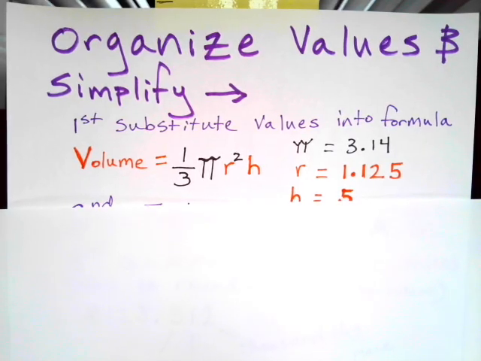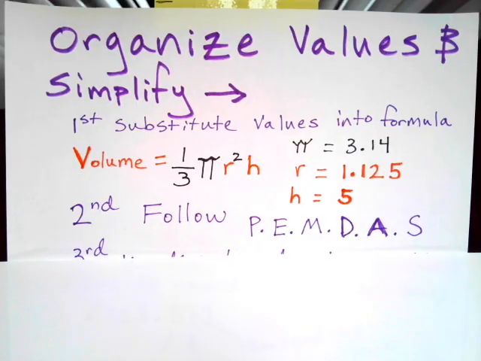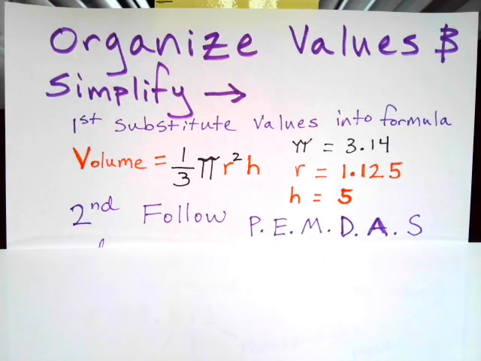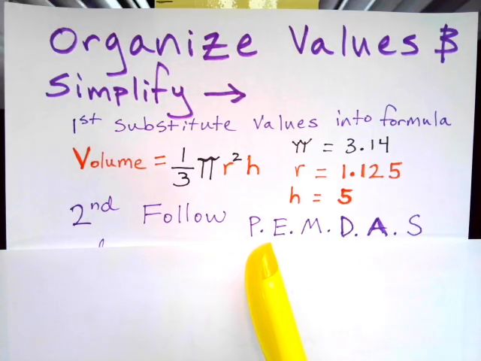But before we do that, I want to clarify some things. In each and every step, like I mentioned previously, you want to follow PEMDAS: parentheses, exponents, multiply, divide is tied, add and subtract is tied. First, you simplify anything inside parentheses.